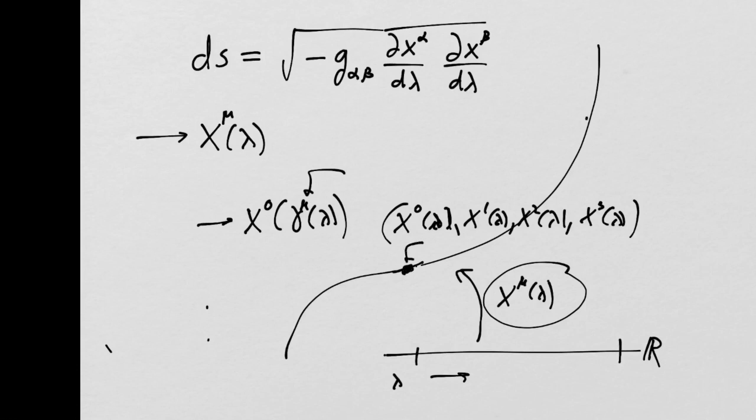And then, of course, this other point further up the road would just be x0 of some other value of lambda. We'll call it lambda sub 2. A lot of subscripts and stuff here, et cetera, et cetera. So that is the curve construction that we're dealing with.